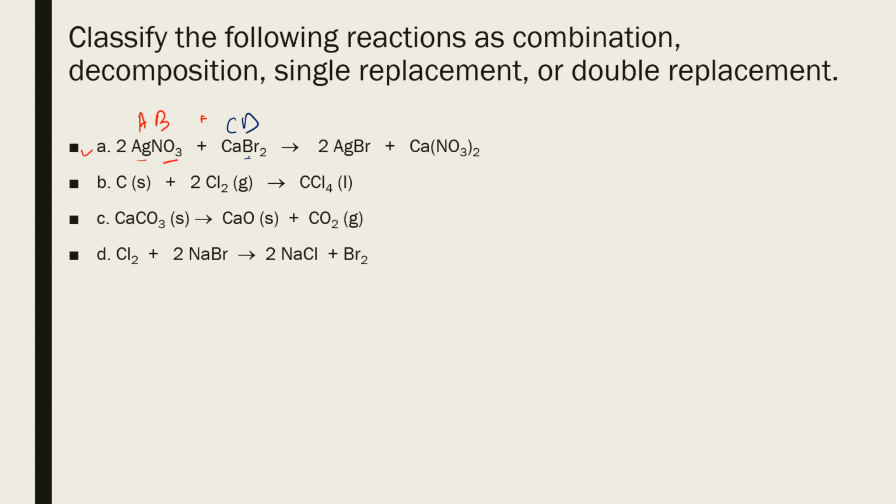So it becomes AD, and the other one would be CB, with the nitrate group as B. Therefore, they are switching partners, so this reaction is classified as a double replacement reaction.